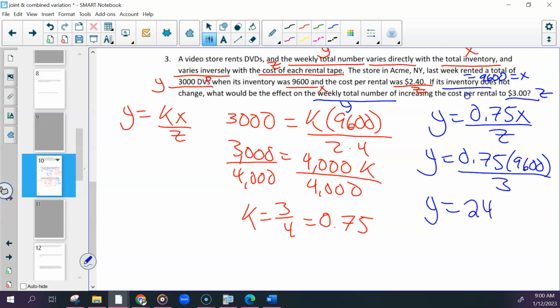And then with this, since it's looking for a weekly total number, and that number was DVDs, you can say DVDs as your label. Questions on that one?